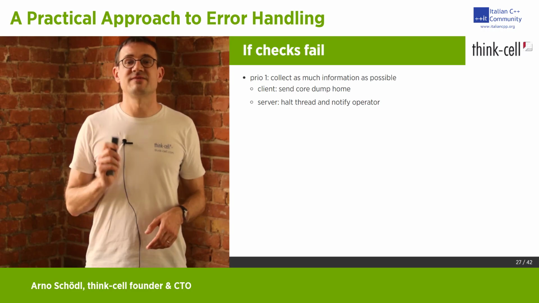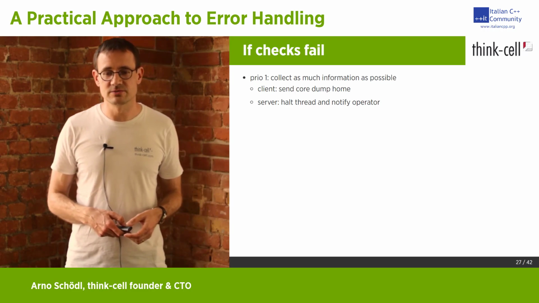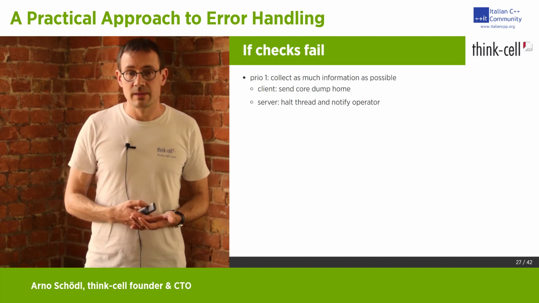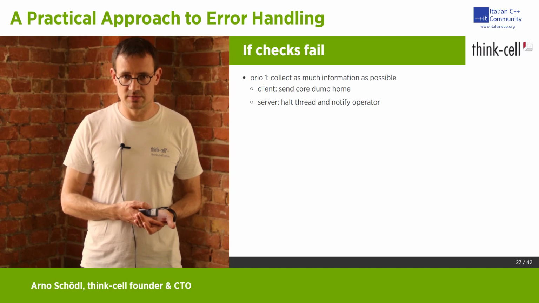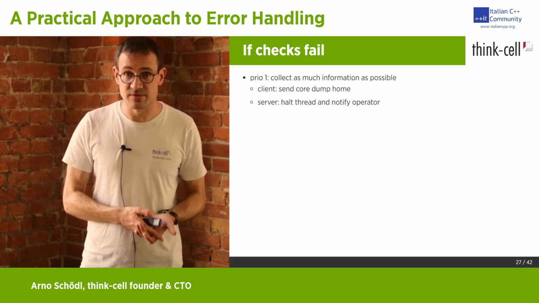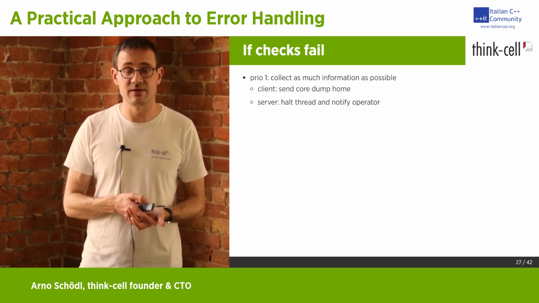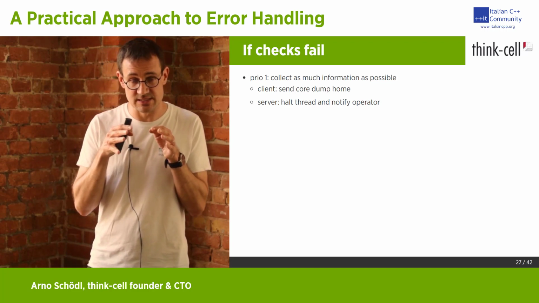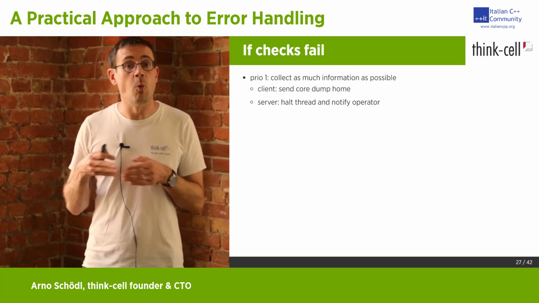Now, what do we do if things fail? Of course, all these checks that we built in, they may fail. What do we do? Well, priority one is we have to collect as much information as possible. We need this information because we now need to understand this bug. We need to understand this failed API call or this failed assertion, why did it fail?